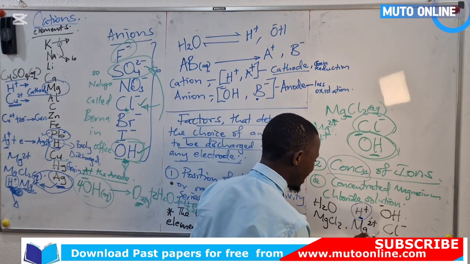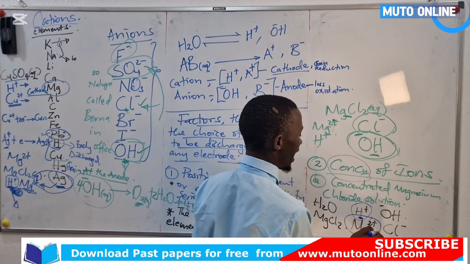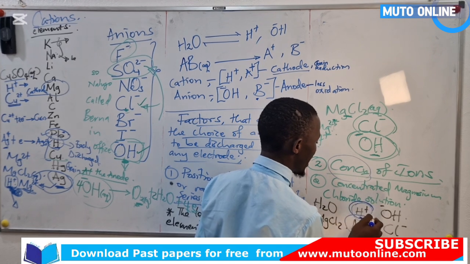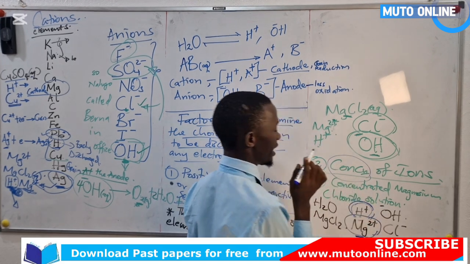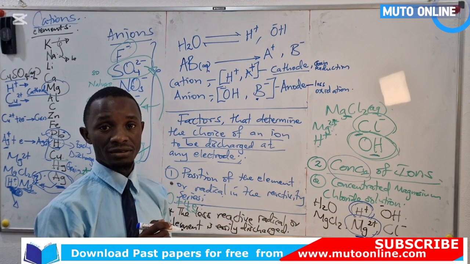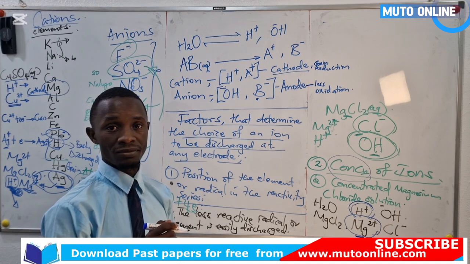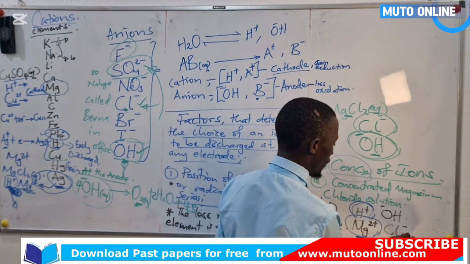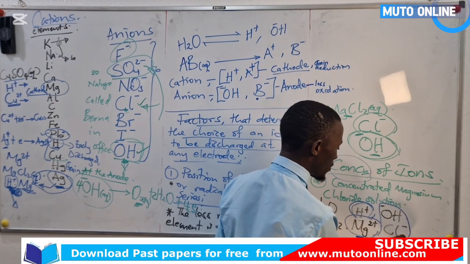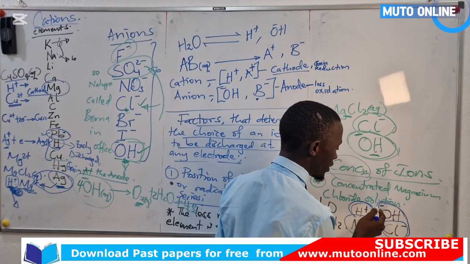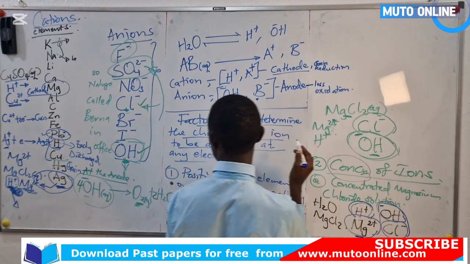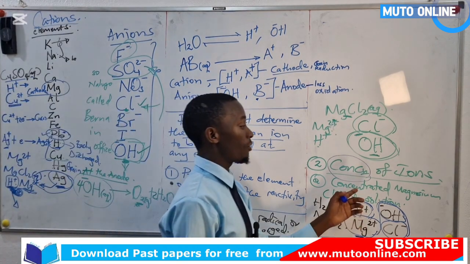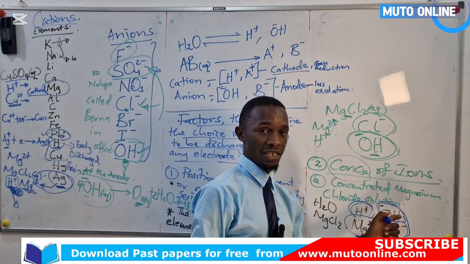So we shall discharge magnesium ions instead, because they are more concentrated in the electrolyte than the hydrogen ions. So even for the anions, we shall discharge the chloride ions in preference of the hydroxide ions, irrespective of their reactivities, but because of their concentration in the electrolyte.